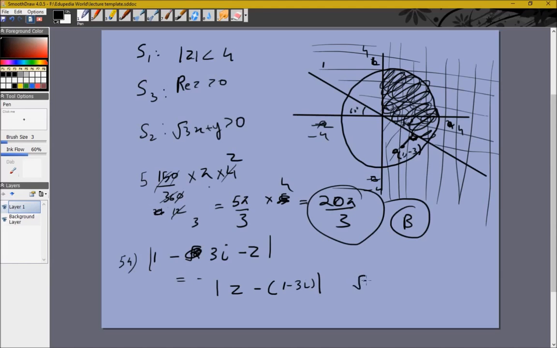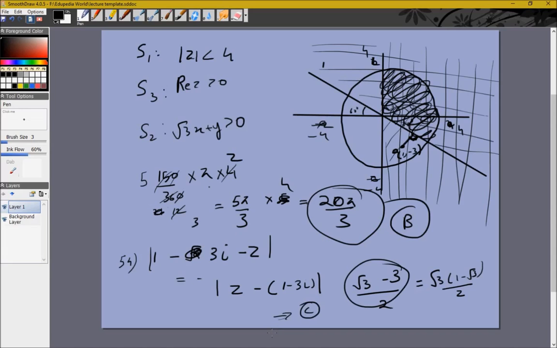So we'll have root 3 minus 3 divided by root of 1 square plus root 3 whole square, or 2, which is equal to root 3 times 1 minus root 3 by 2. But we want the modulus, so we can just put a minus sign. So it will be 3 minus root 3 by 2, which means the answer will be C. 3 minus root 3 by 2.